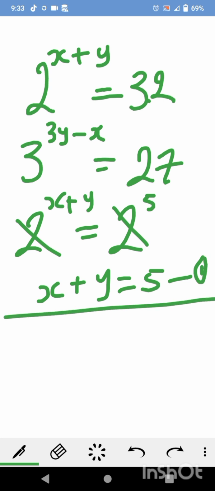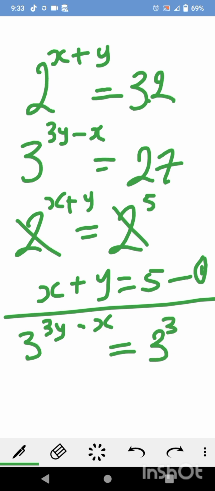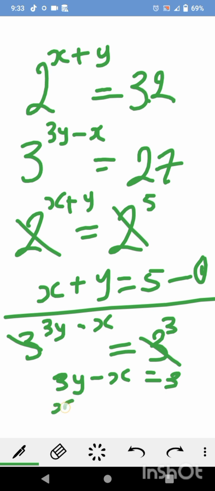Then working on equation 2, you have 3 raised to power 3y minus x equals 3 raised to power 3, that's 27. The bases will leave, and I will now have 3y minus x equals 3. If you rearrange that correctly, you'll have x minus 3y equals minus 3. So that will be our equation 2.